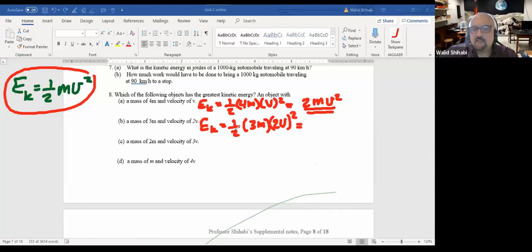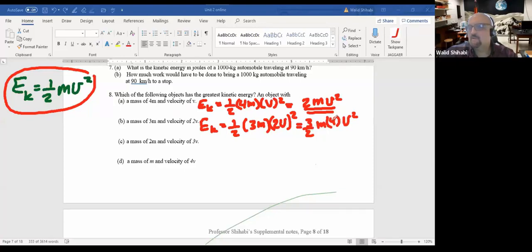So this will give you what? 1/2 times 3 will give you 3/2, times m times 2 squared, which will give you 4. Of course, here the square is applied on both the 2 and the v, and then v squared. You can see here 4 times 3/2 will give you what?